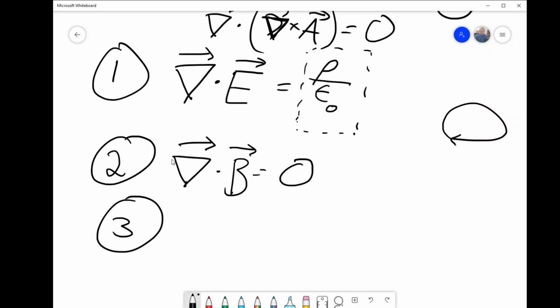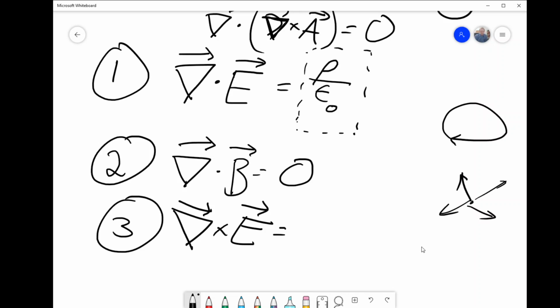The third of the 4 Maxwell's equations, we have the curl of the electric field. So the electric field, if we have an electrostatic situation, just a point charge sitting there, there's no curl at all. It spreads out.